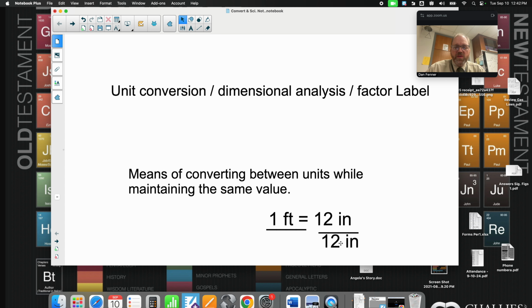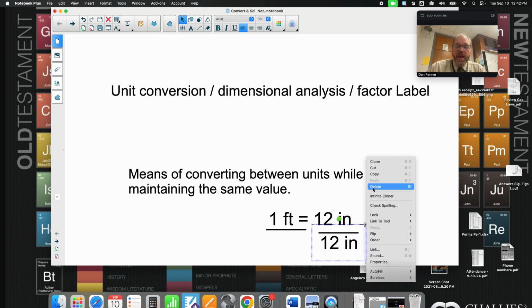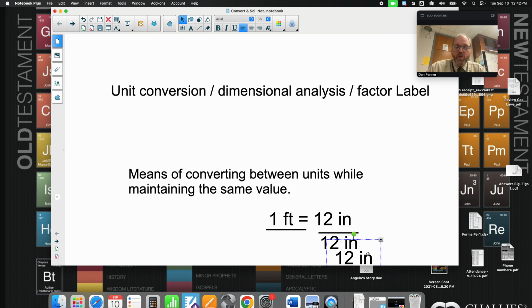So 12 inches over 12 inches, that's 1. If we multiply anything by 1, it's still that same number. Now, if we do the same thing over here and divide through, 1 foot over 12 inches is also just 1. It hasn't changed the value of the number at all. We're just changing units. And so that's the process we go through.